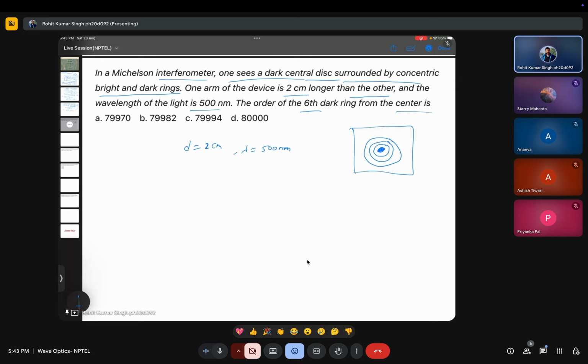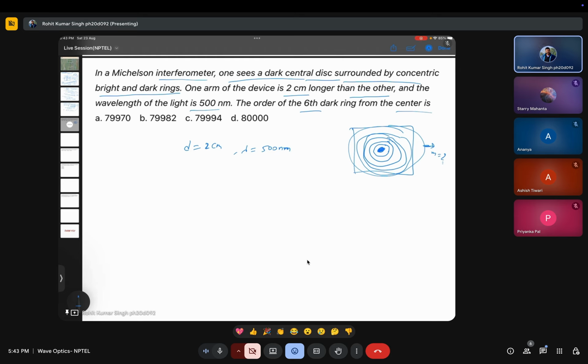The 6th dark ring means this is 3rd, 4th, 5th and 6th. So you have to find m. It's a simple problem.